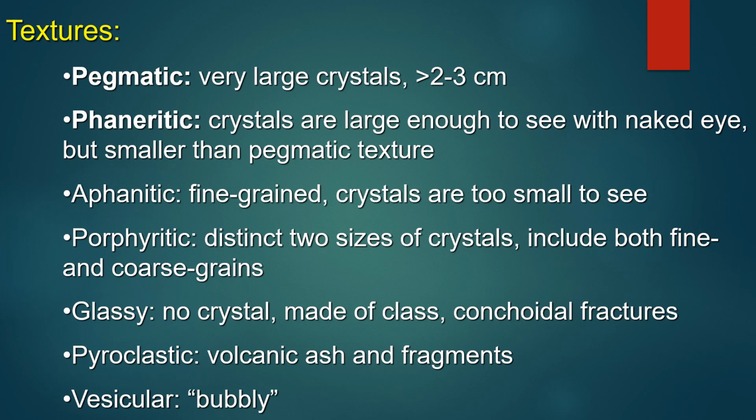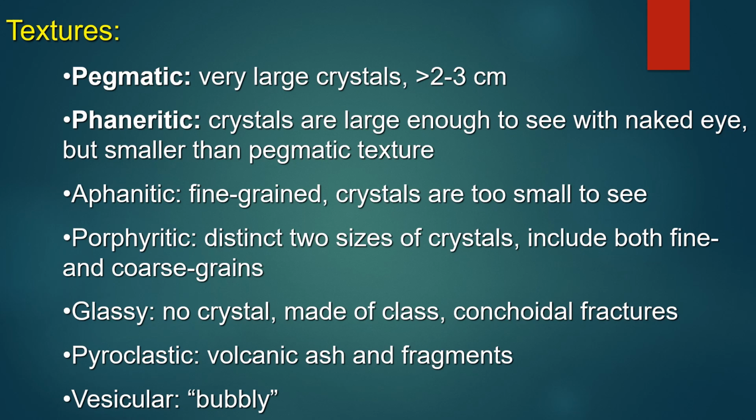Phaneritic texture describes the rock has crystals large enough to be seen by naked eye, but smaller than the pegmatitic texture. Aphanitic describes the rock that does not have large crystals. It is fine-grained, and you cannot see the individual crystals with your naked eye.